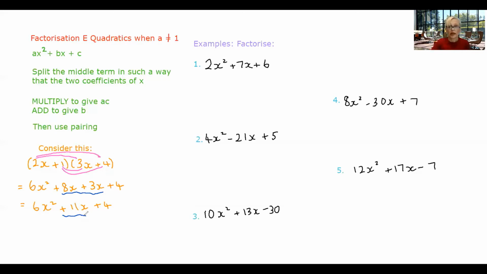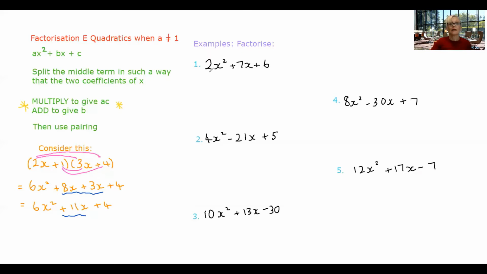Now, if we have a way of splitting this middle term in such a way that you can then pair up and take out common factors and then bring out a bracketed common factor, then that will make our lives a lot easier. How do we do this? Well, what we need to do is this. We work out what AC is.